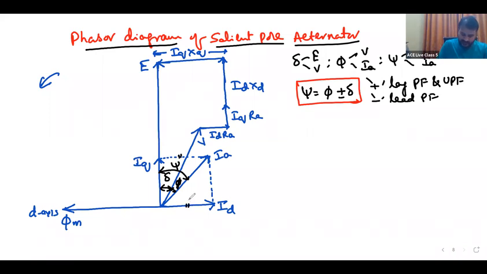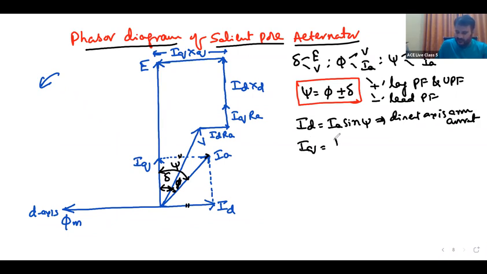So ID is equal to IA sin psi, which is the direct axis armature current.